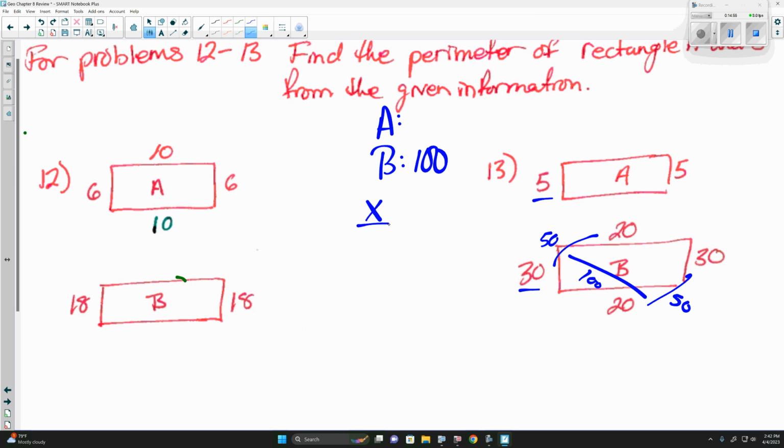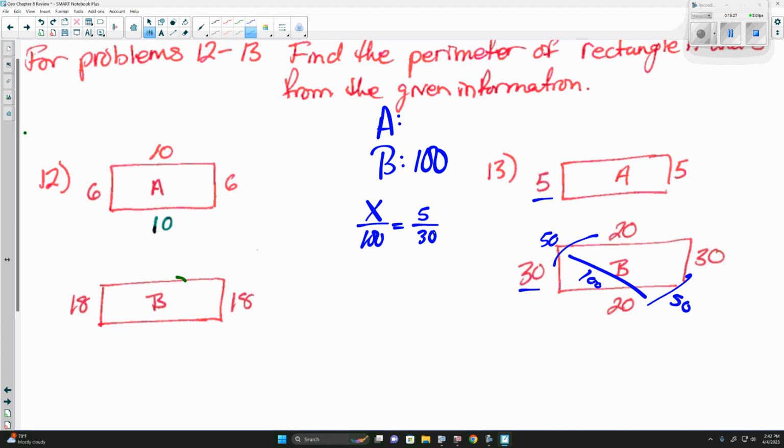So X over 100. The perimeter of A over the perimeter of B, x over 100, would equal side length of B over side length of A. Wait. I flipped those again. So perimeter of A over perimeter of B is what? A over B. I had those flipped for a second.